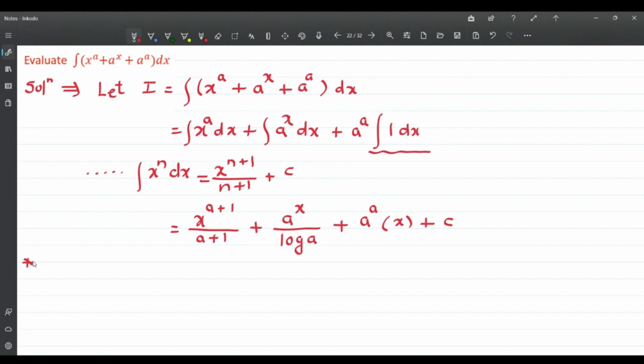Let me show you another example: integration of x square plus 2 raised to x plus 2 square, into dx.